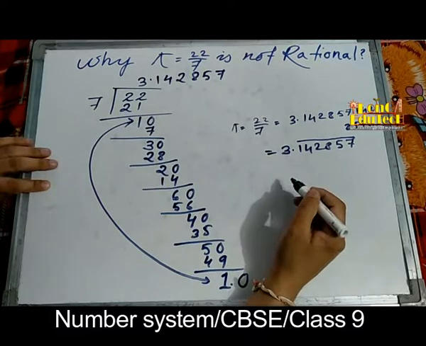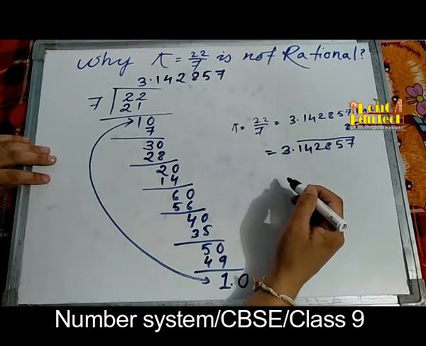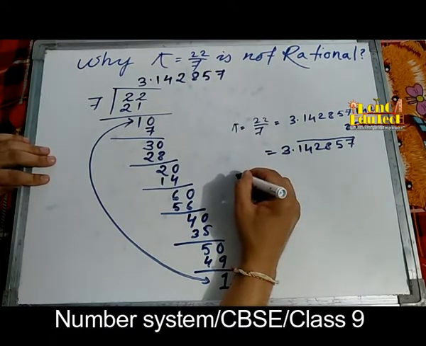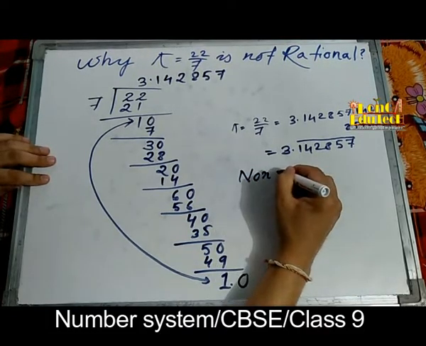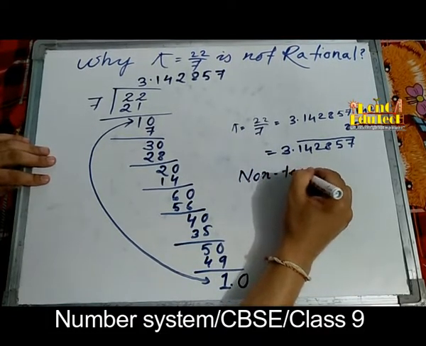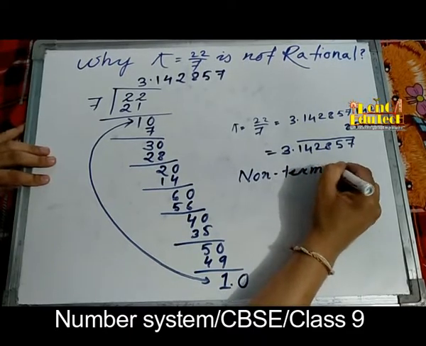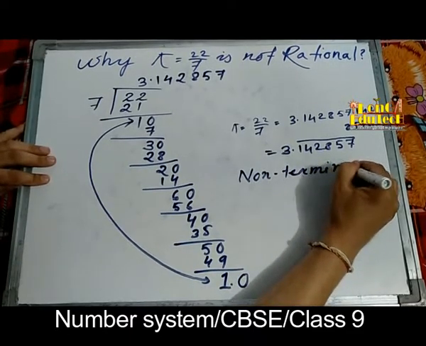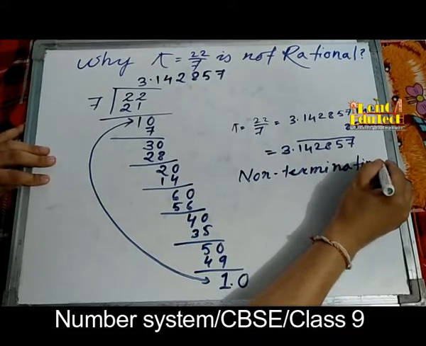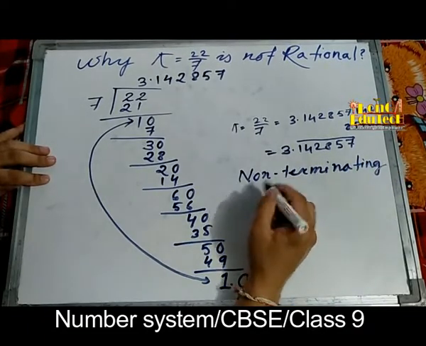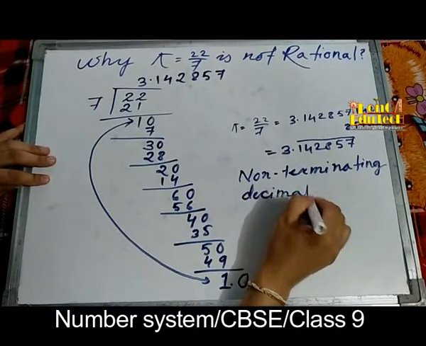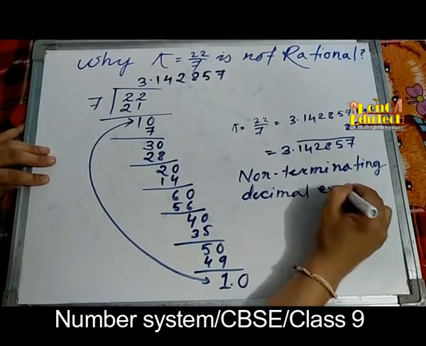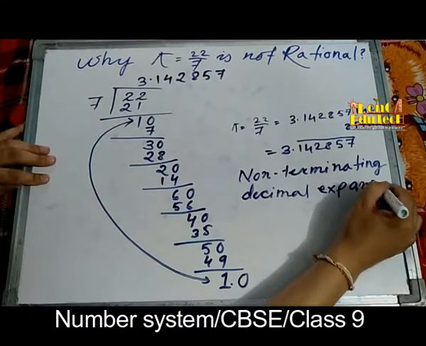Such kinds of numbers have non-terminating decimal expansions.